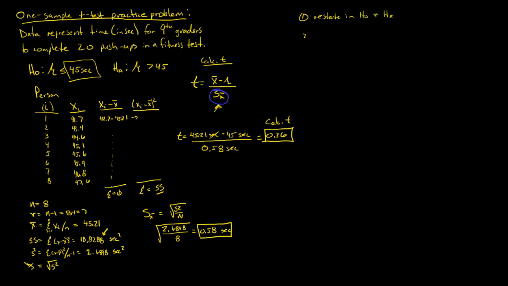And then step 2 was to determine the characteristics of the comparison distribution. And that's your nu value, which is equal to n minus 1 for our one sample t-test. And so that was going to be a comparison distribution based on 7 degrees of freedom.